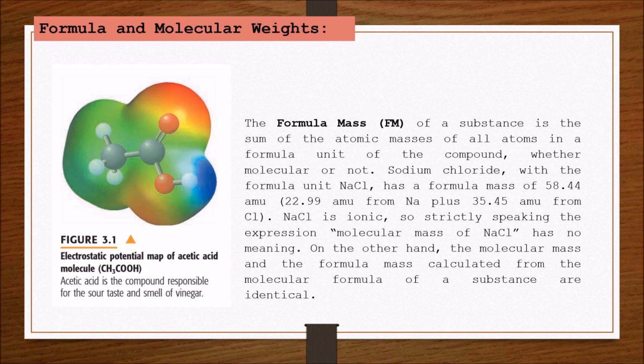So you have 22.99 AMU from sodium plus 35.45 AMU from chlorine. NaCl is ionic, so strictly speaking, the expression molecular mass of NaCl has no meaning. On the other hand, the molecular mass and the formula mass calculated from the molecular formula of a substance are identical.